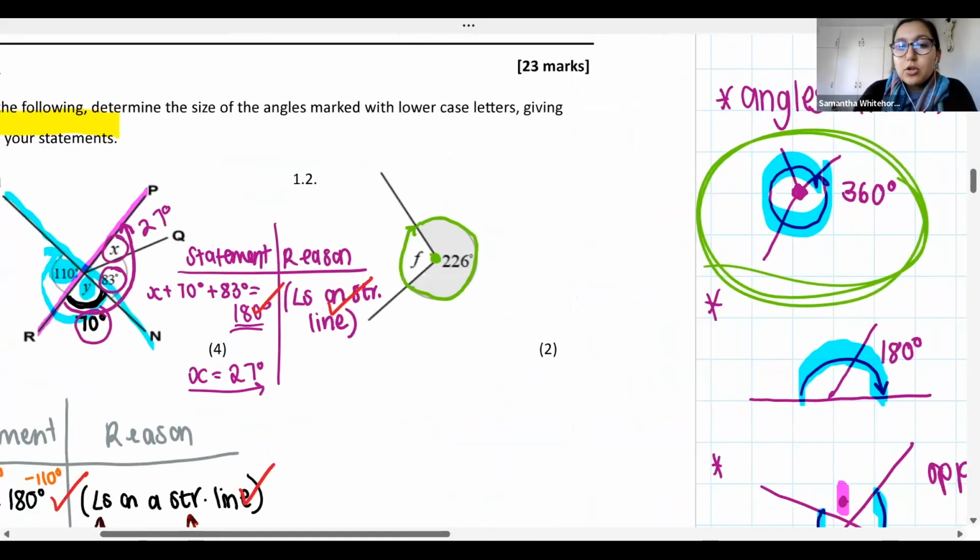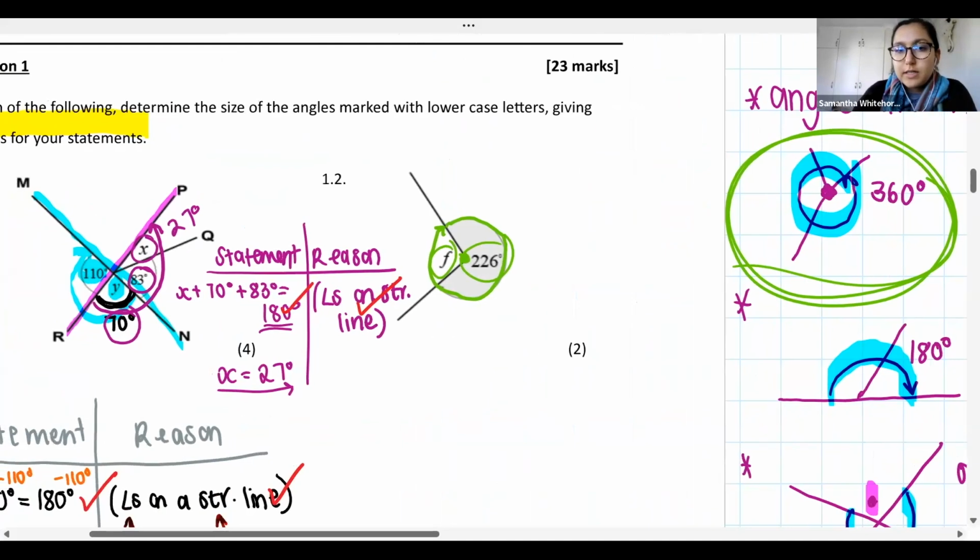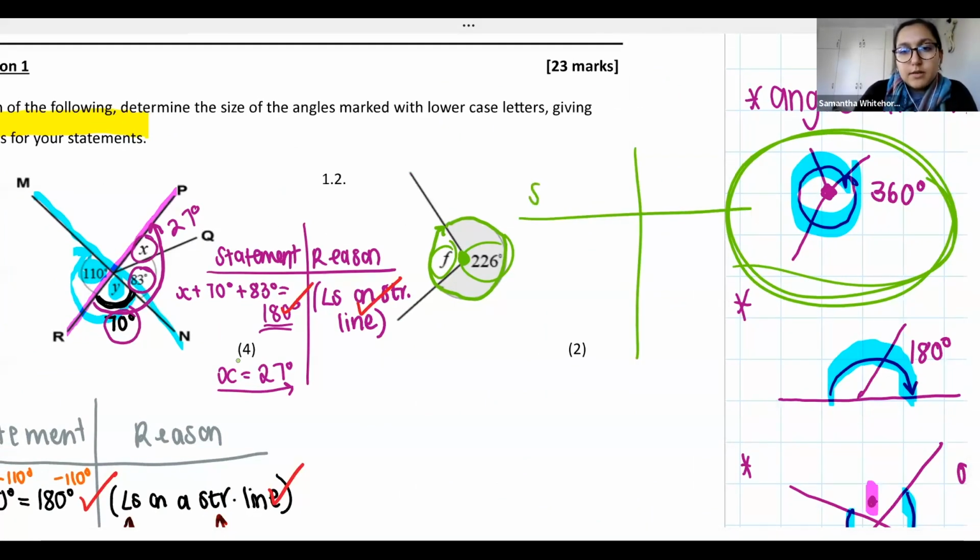Now, in this case, I've only got 2 angles. I've got angle F and I've got the angle 226 degrees, but they both are around that common central point there. And so, remember, again, statement, reason. What we know is that F plus 226 degrees should give me 360 degrees.